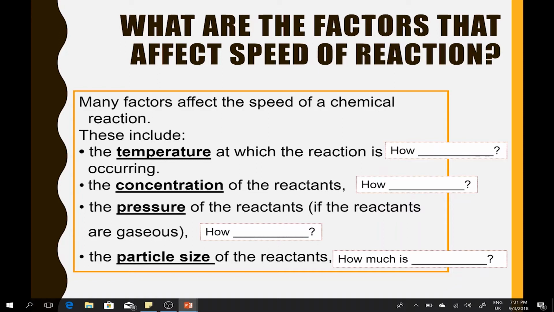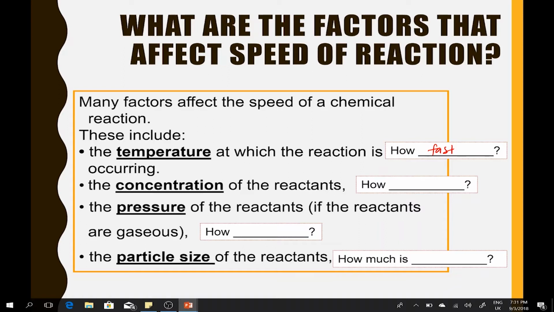Okay, so many factors affect the speed of reaction. So the 4 factors we're concentrating on are temperature, concentration, pressure, and particle size. And when I go through these factors, I want you to bear these 4 questions in mind. The first question is, for temperature, we want to know how fast the particles were moving.